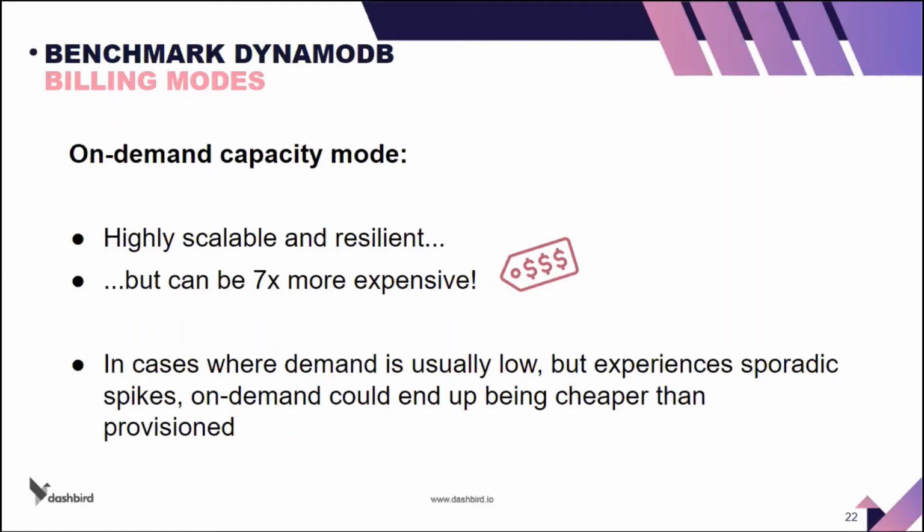To be fair, in some cases where demand is usually low most of the time but experiences sporadic spikes at a few moments of the day, the on-demand capacity mode can actually be cheaper than the provisioned capacity mode in practice, because with provisioned we end up provisioning more than we actually need. So it may lead to wasted resources allocated throughout the rest of the day because of those spikes.